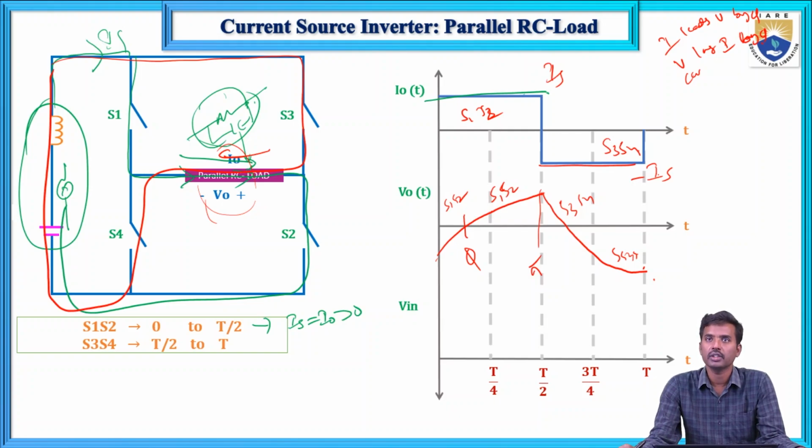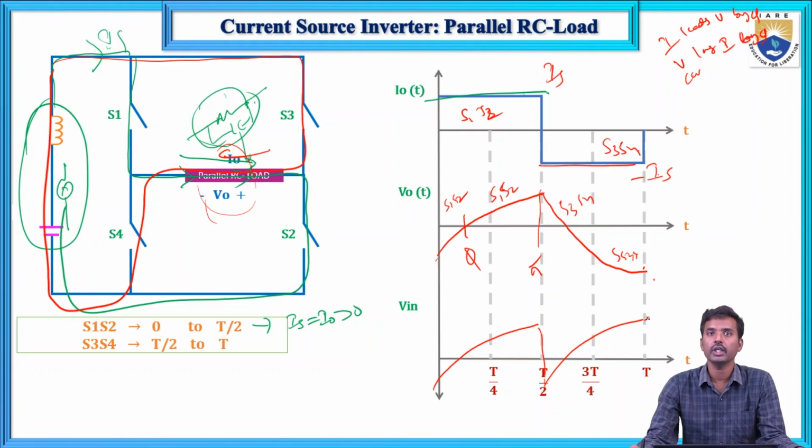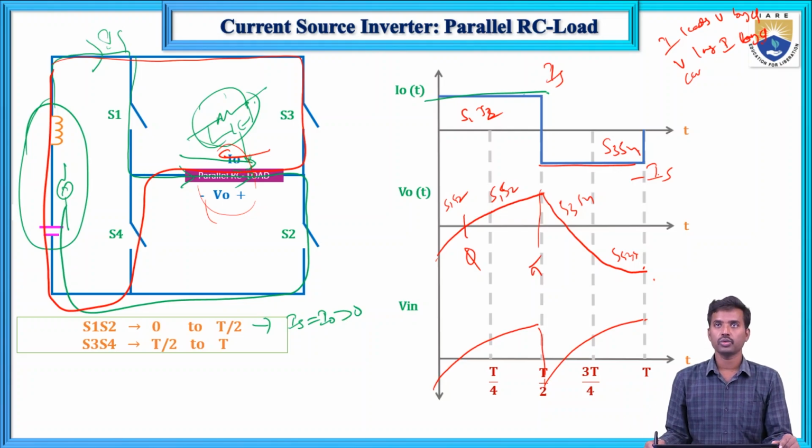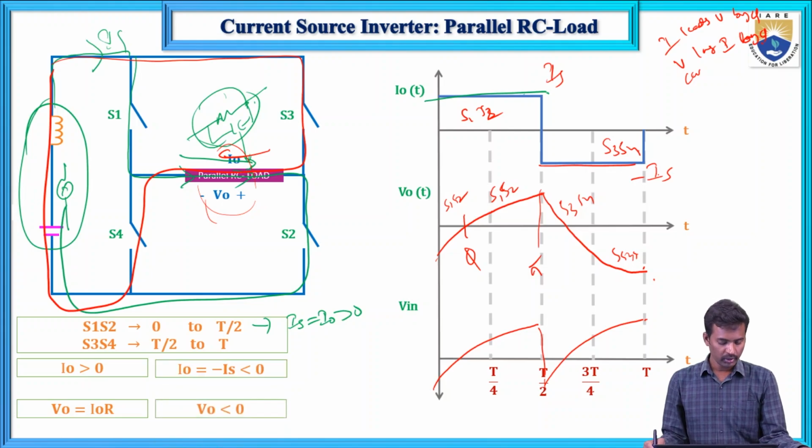So this is the case. Here it is also the same. So this is the case for current source inverter. Now these are the formulas.